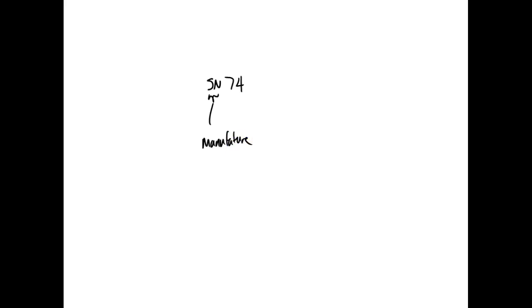So SN would be Texas Instruments. Then they'll put 74, and then we have numbers, up to 3 numbers. So we're dealing with a 7404. Now, a 7404 is a TTL standard.